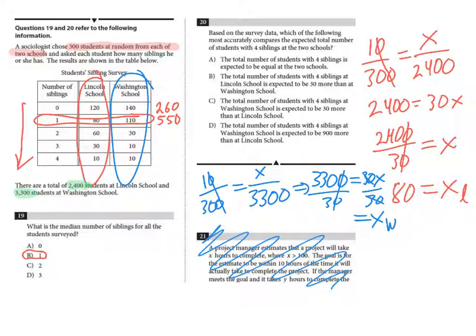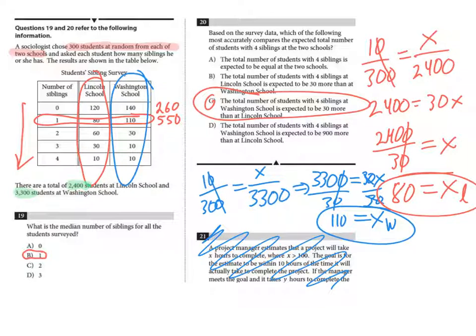So 330 divided by 3 is going to be 110. So 110 students at Washington have 4 siblings, and at Lincoln, 80 students have 4 siblings. So let's go back to look at the choices. The total number of students with 4 siblings at Washington is expected to be 30 more than at Lincoln. That is our solution.